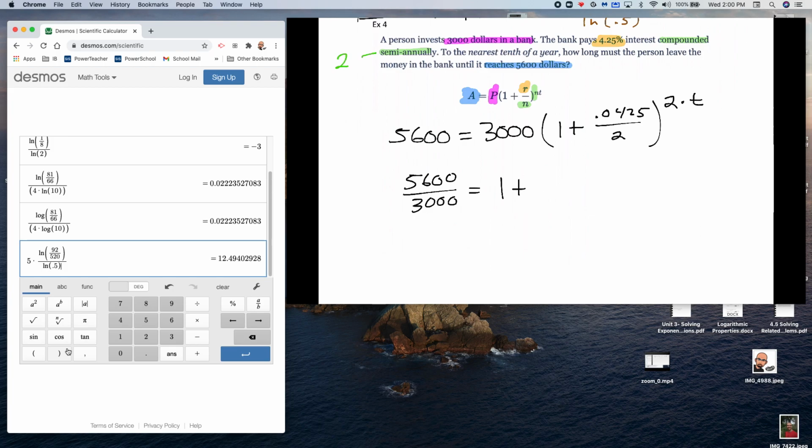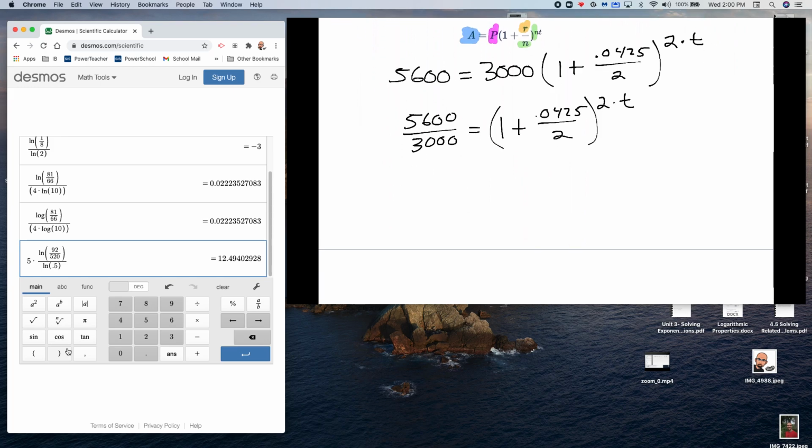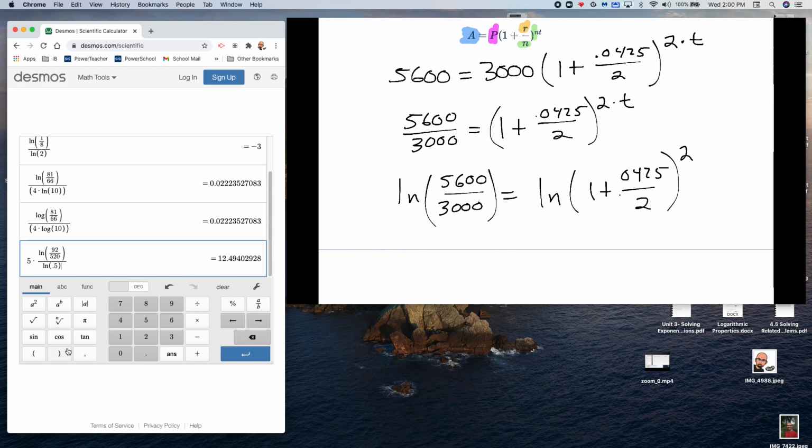Still have 1 plus 0.0425 divided by 2 raised to the 2 times T. Next thing I'm going to do is take the natural log of both sides. So natural log 5,600 divided by 3,000 equals the natural log of 1 plus 0.0425 divided by 2 to the 2t.